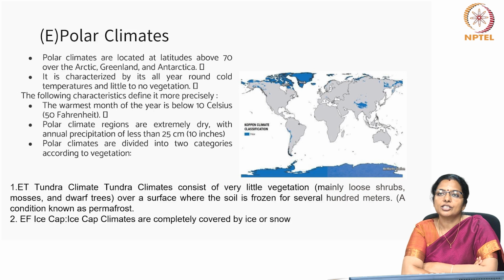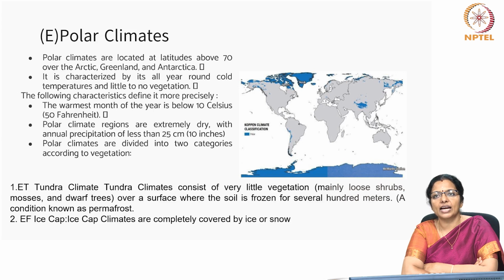Polar climates situated above 70 degrees latitude in regions like the Arctic, Greenland and Antarctic exhibit persistent cold temperatures and limited vegetation, with the warmest month never surpassing 10 degrees Celsius and annual precipitation less than 25 centimeters. They are extremely dry.